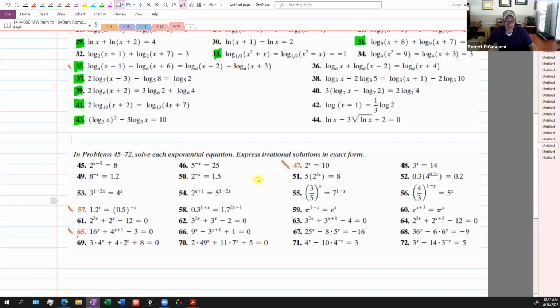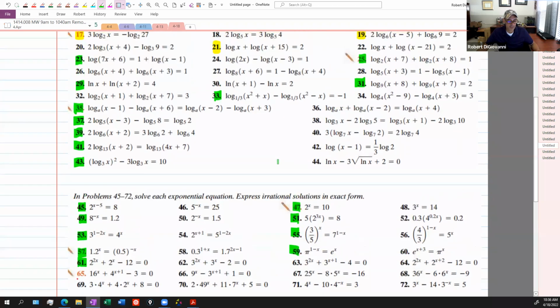And then the exponentials start, and you should be able to handle those. Stop at 61. So you're basically doing 23 through 61 odd for tonight's homework. I know that's a lot of problems, but practice. I forgot 27.